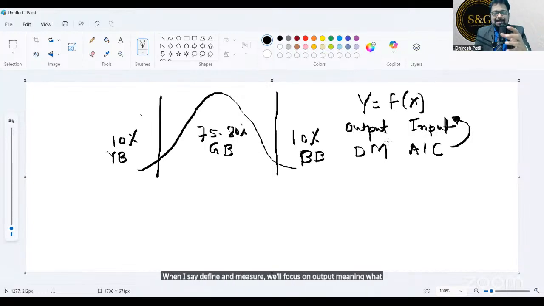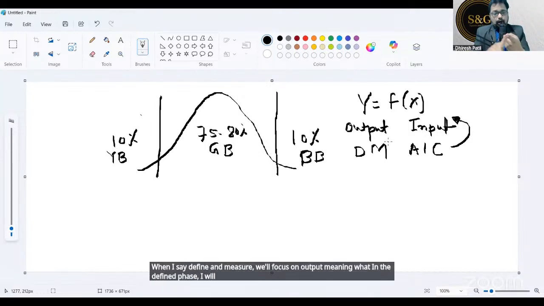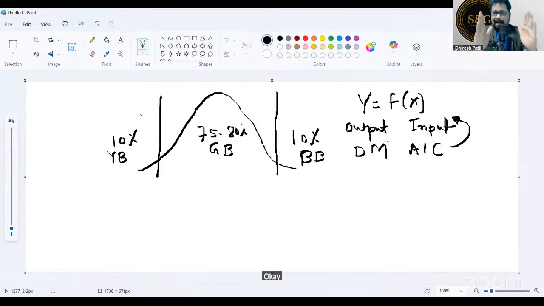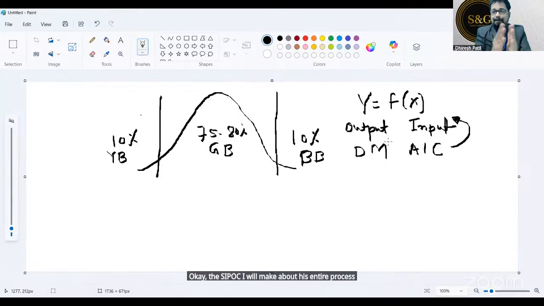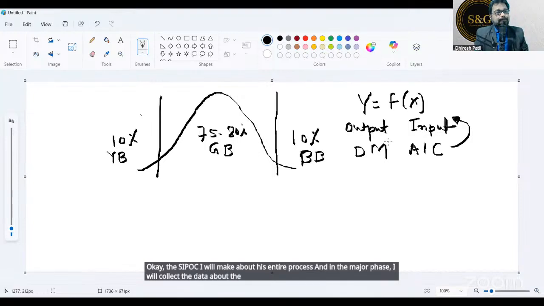In the define phase, I will first define in the project charter the problem statement, goal statement, business case, everything. The SIPOC I will make about this entire process. And in the measure phase, I will collect the data about the attrition only.